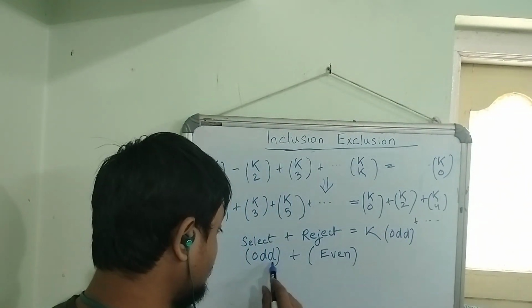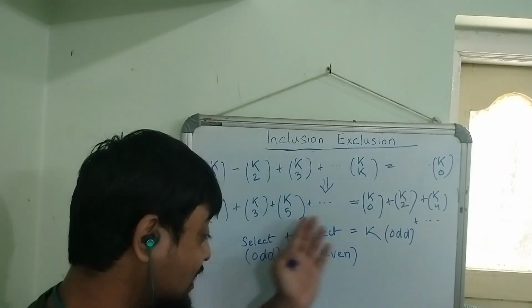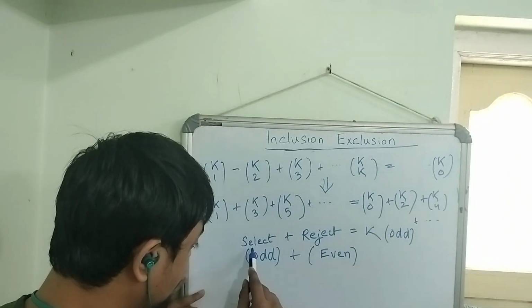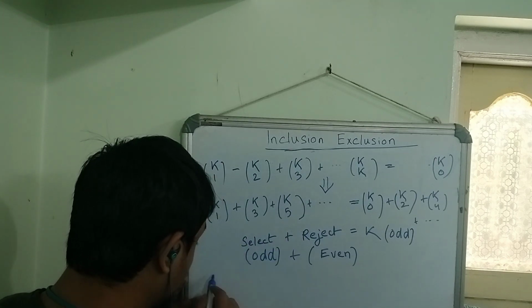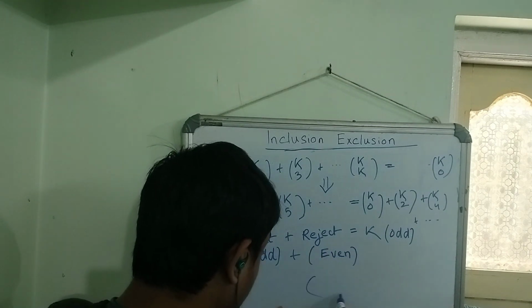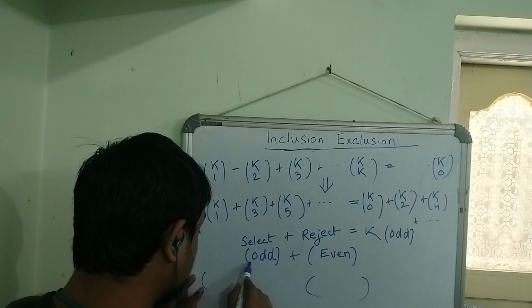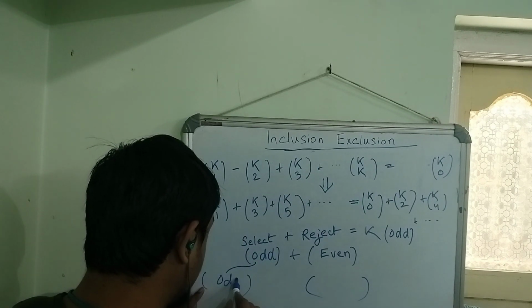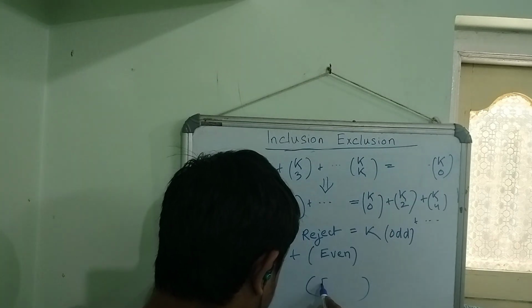So if we are selecting an odd number of elements, we are rejecting an even number of elements. The selection is an odd subset, and what we rejected is an even subset, because it contains an even number of elements.